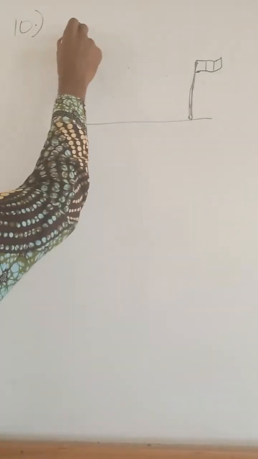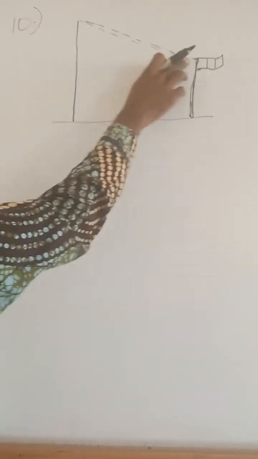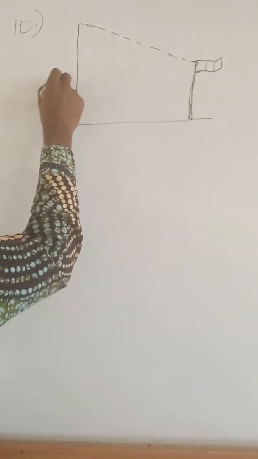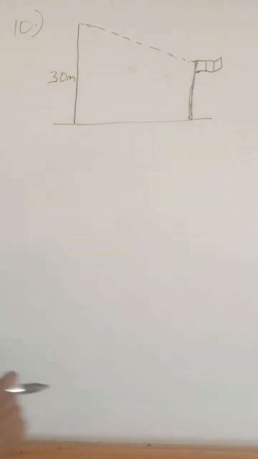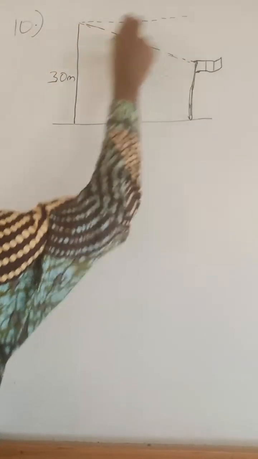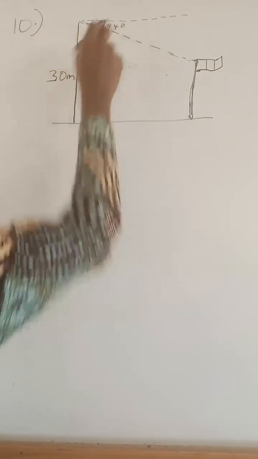So she viewed the top of the flagpole, and the question says she was 30 meters high, and she observed the angle of depression of the top of the flagpole to be 44 degrees. So with a straight eye view, the depression is 44 degrees.